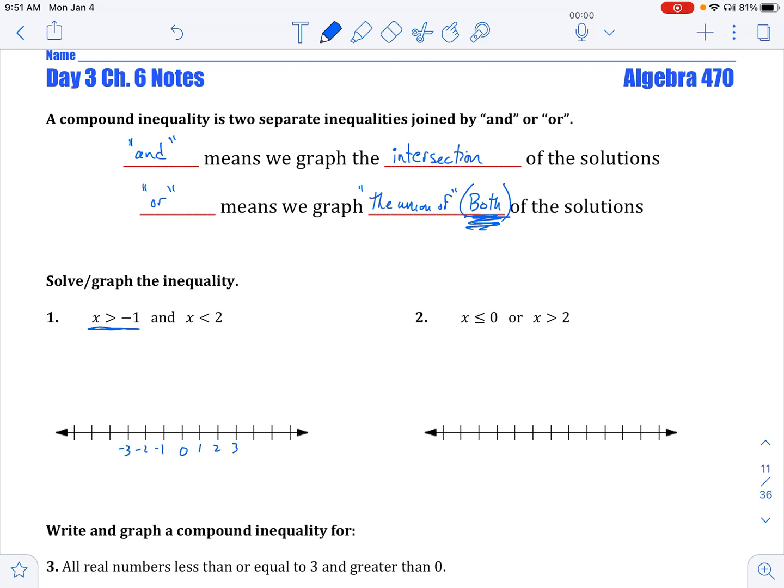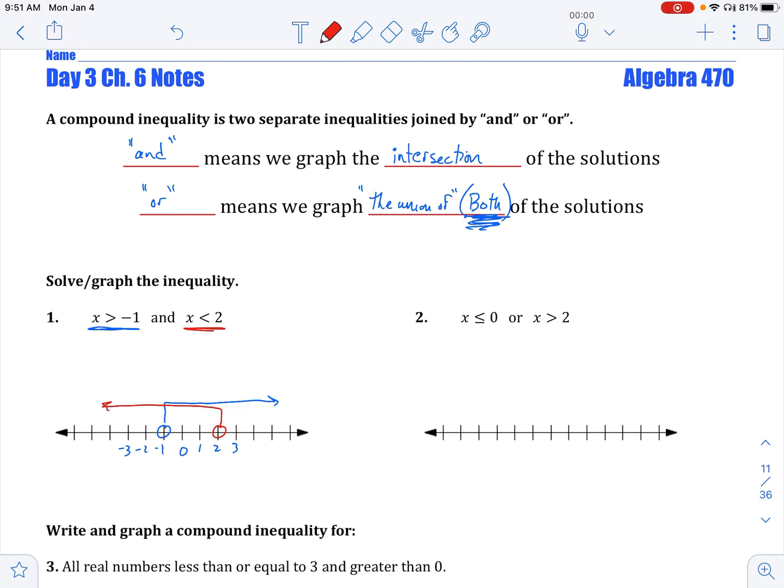If I want to graph x is greater than -1, I'm going to have an open circle, and I want those that are bigger. I'm going to just do this as a line for right now, like an arrow showing those things that are larger. When I graph the second inequality, I get x is less than 2. I'm going to have an open circle at 2, and graph all those things that are smaller than 2.